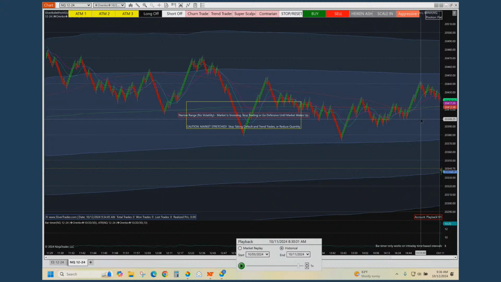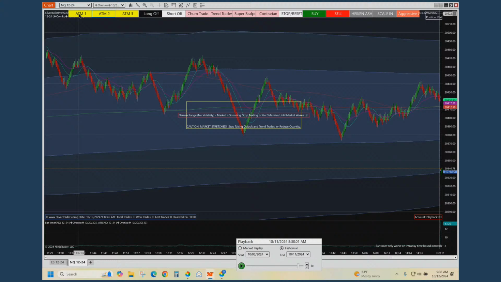So I think it has stretched itself quite a bit. Stretching itself further down is less likely. But let's see. Initially, I will just let the software take trades.